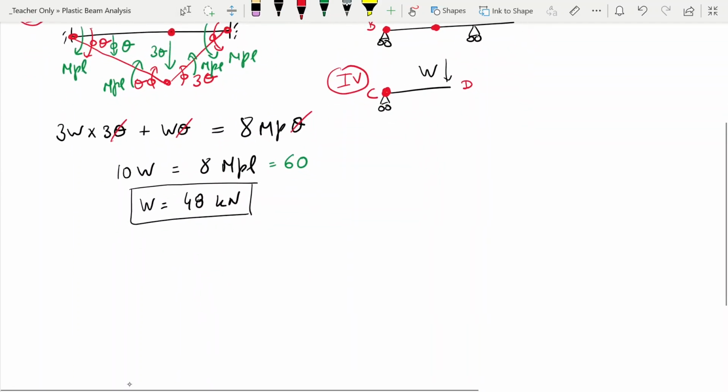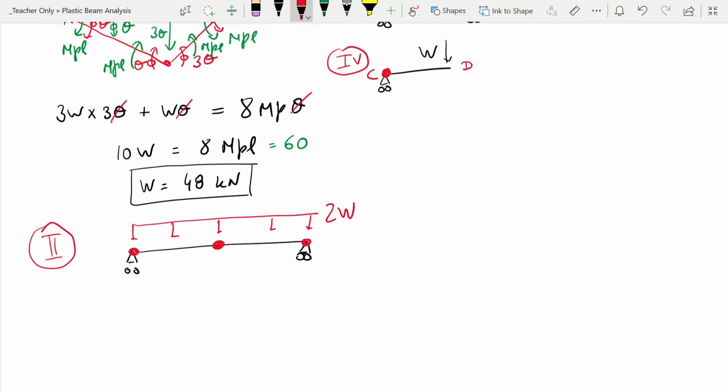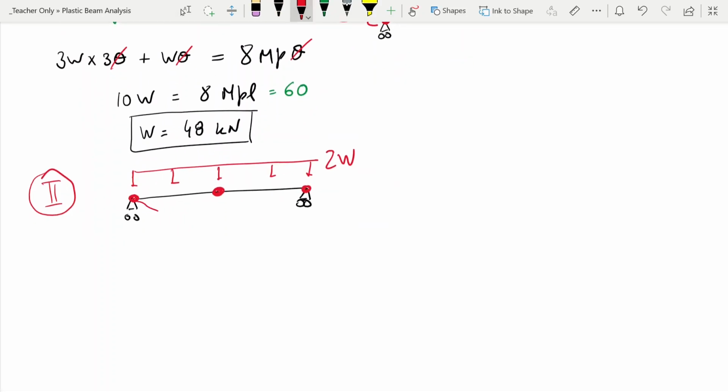Let's go into the second one. The second one is the one with the UDL, and the UDL is equal to 2W. So if we draw our deformed shape of our collapse mechanism, we know all of these angles will be equal to theta, because this is all symmetric. And as we discussed last time, we need the displacement not underneath the center, but underneath the center of each half.